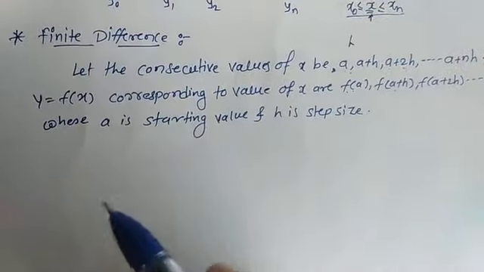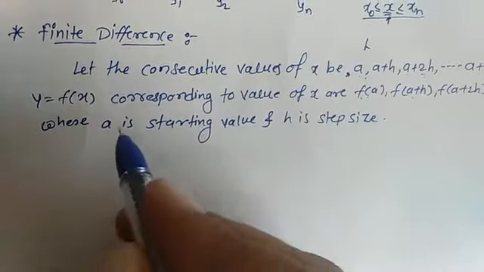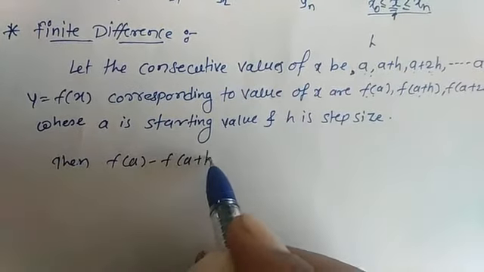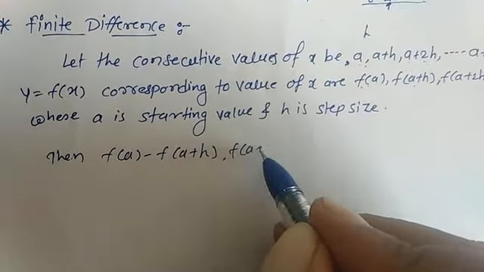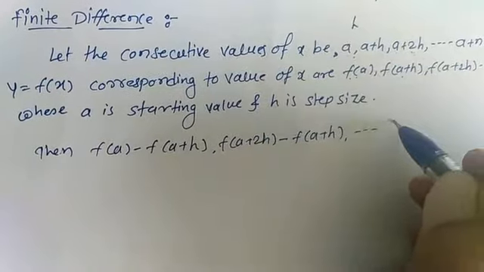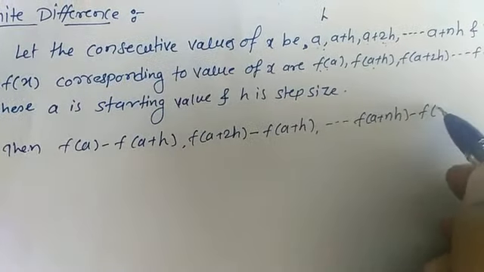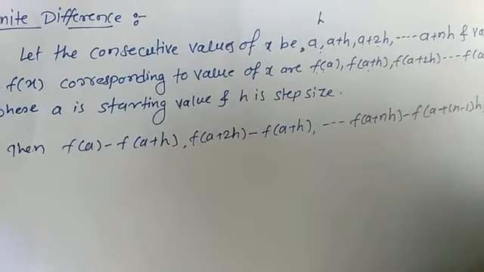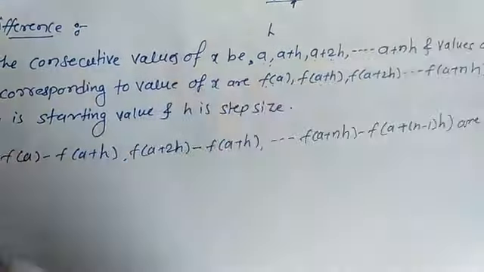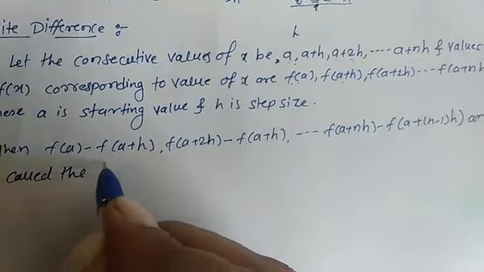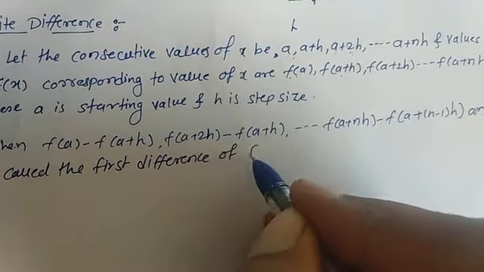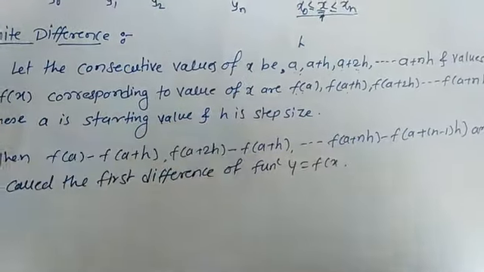Now if you consider f of a plus h minus f of a, f of a plus 2h minus f of a plus h, up to the last, f of a plus nh minus f of a plus n minus 1 h, these are called the first differences of the function y is equal to f of x.